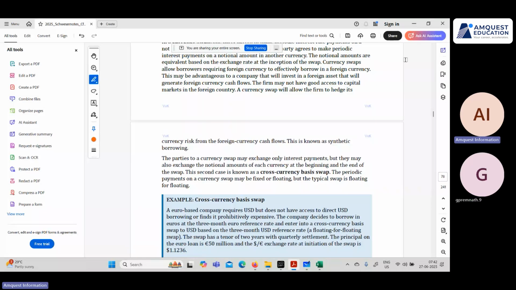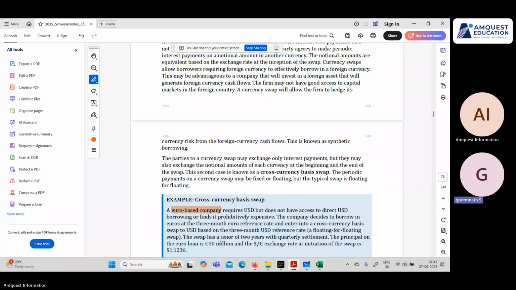Before solving this, let's try to understand what's going on here. The company has borrowed 50 million euros from the local European bank at the euro reference rate.